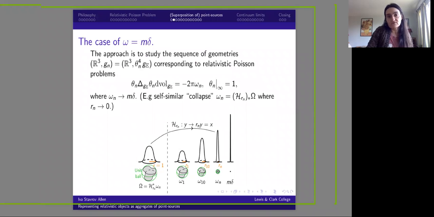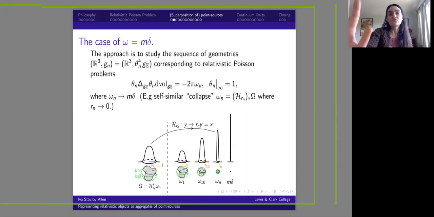And so with my student Noah Benjamin, I set out to, it was his idea, I should say. I didn't expect that this was going anywhere, I have to be honest, but it was his idea to pursue what happens if omega is set to a multiple of the Dirac delta function. And I'm going to think of a multiple of Dirac delta function in terms of this picture on the bottom of the slide. So there's some kind of a prefabricated matter distribution omega on a unit ball, and I'm going to place it into R3 by means of these dilations.